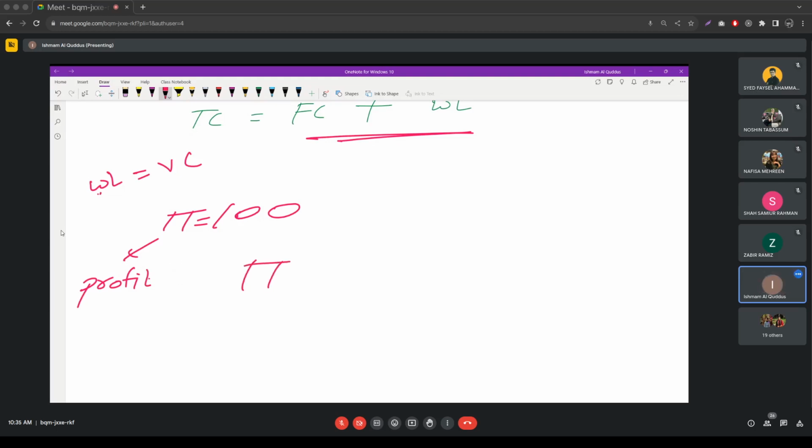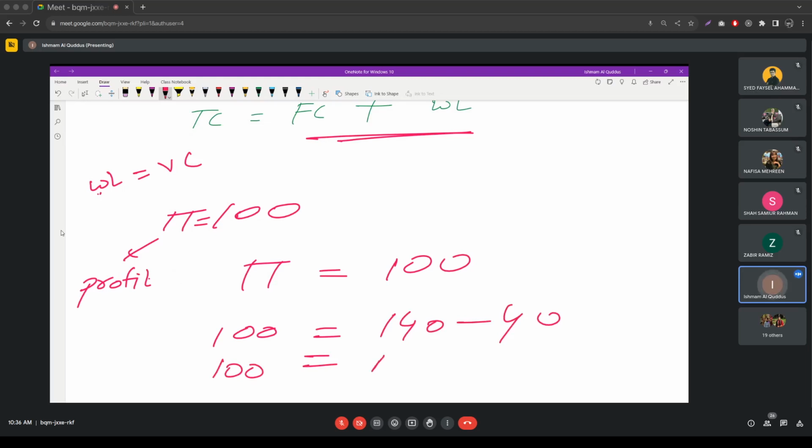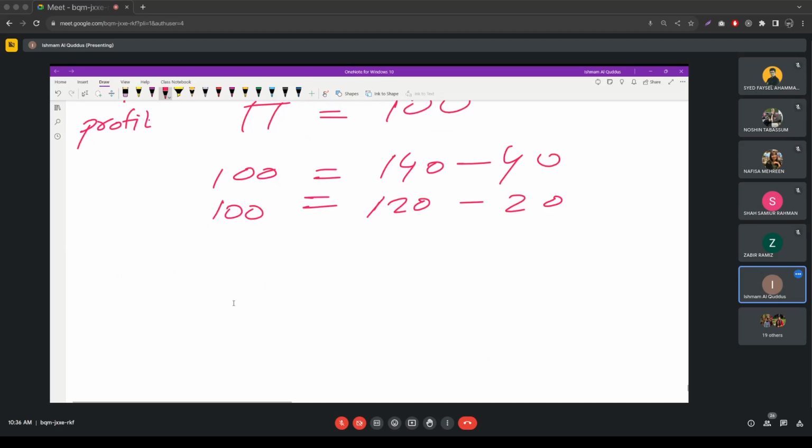Now pi equals 100, and it can be written in several ways. Like for example, 140 minus 40, 120 minus 20, 160 minus 60.